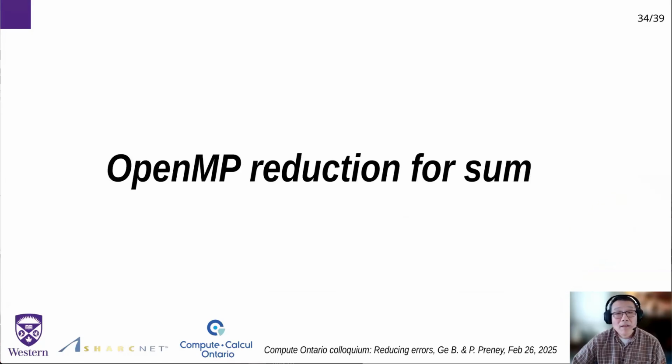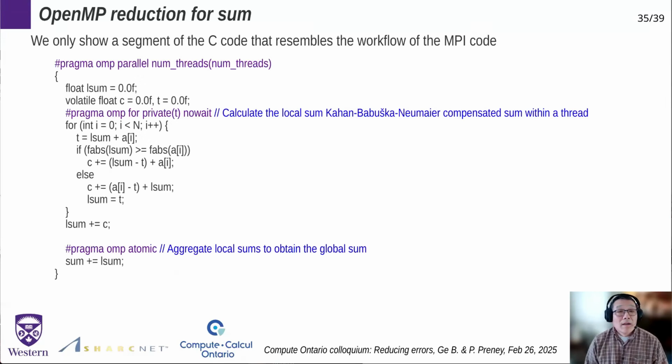Next, we're going to look at how to do this with multi-threaded code using OpenMP. I just simply put up the OpenMP code here. This might require a little bit of knowledge of OpenMP. Suppose I have C code within this OpenMP parallel region.